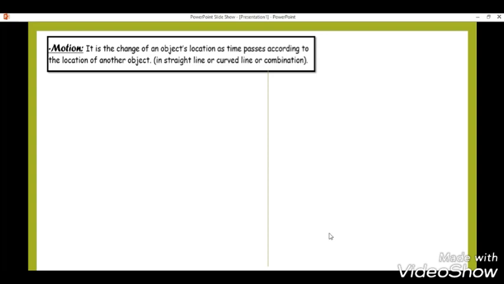Motion is a change of an object's location or position as time passes, according to the location of another object. To simplify the concept of motion, we will study motion in one direction, and this is the topic of our lesson for today.